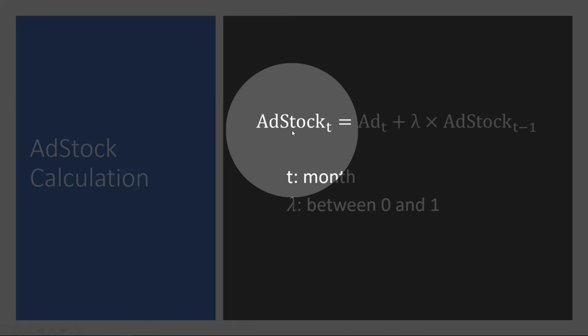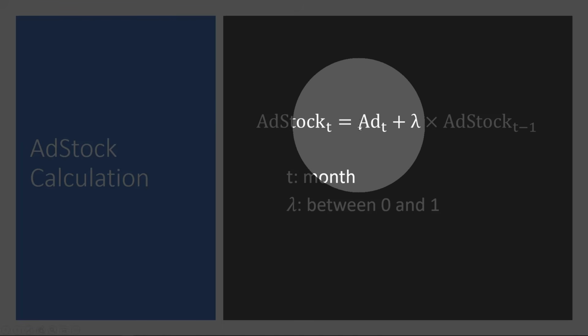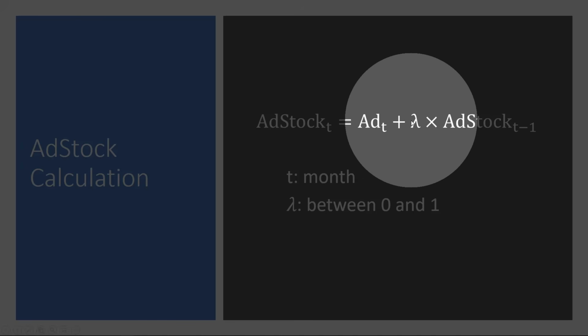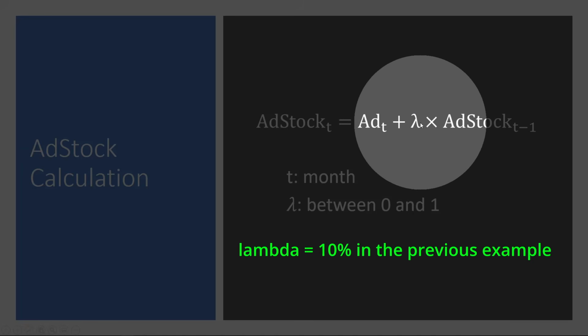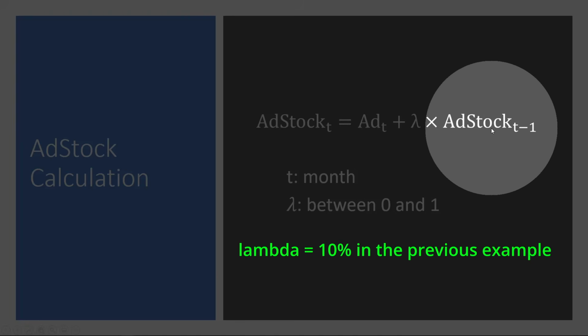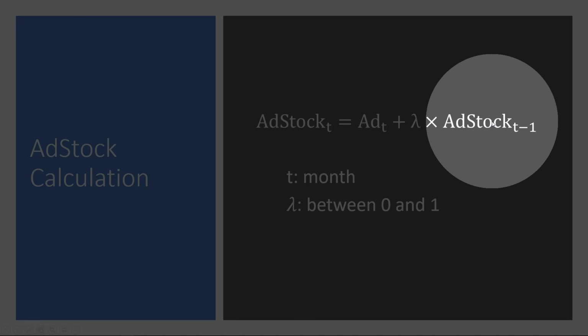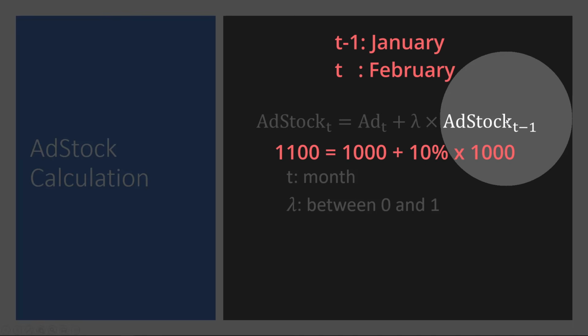Your adstock in month T, let's say in February, is the ad you show in that month plus a lambda, a residual parameter, times the adstock you had in the previous month, in January. So back to our numerical example. In January, we just started, we had an adstock of 1,000.